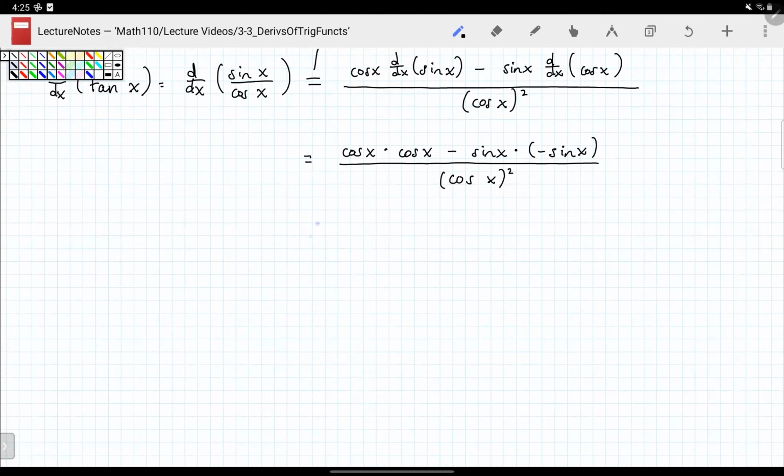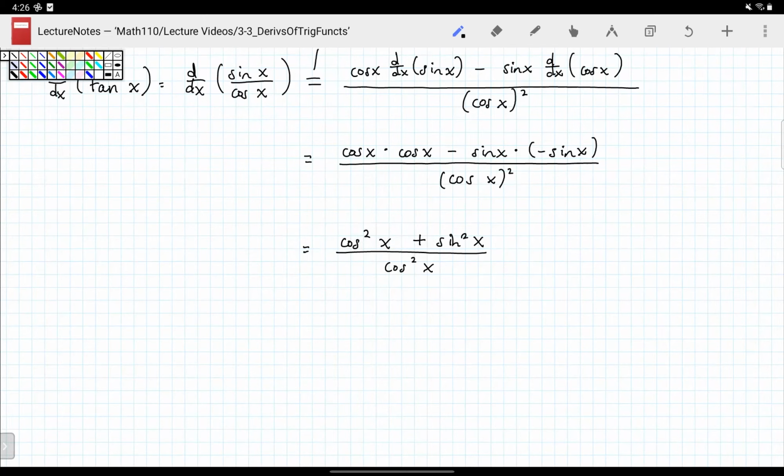All right, so this is cosine squared of x plus sine squared of x all over cosine squared of x. You have two options here. You can use a trig identity to say cosine squared of x plus sine squared of x is 1, or you can separate this into two fractions, cosine squared over cosine squared plus sine squared over cosine squared, and then deal with a trig identity after that.